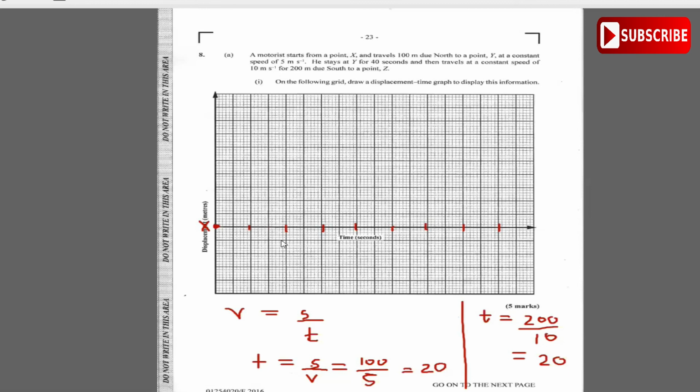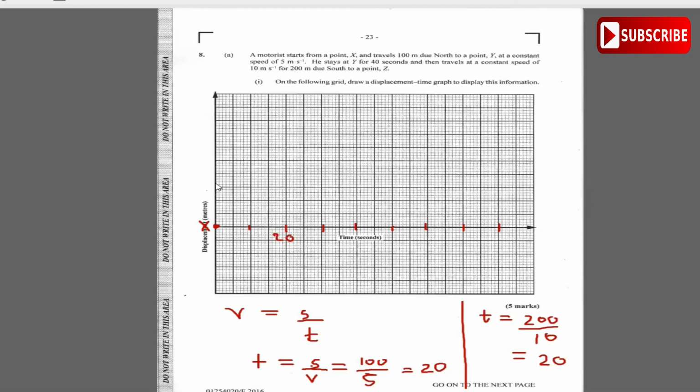So this is 20. All right, how I want to draw 100. Well, how I want to scale it, because 100 and 200 is 300.